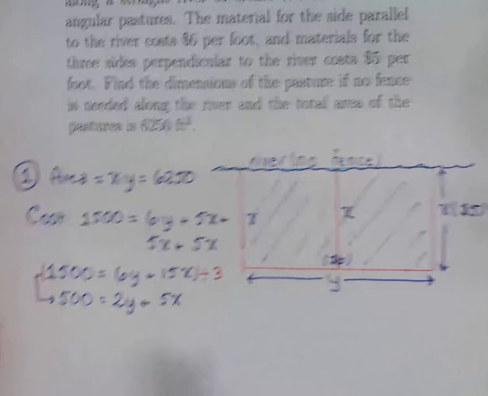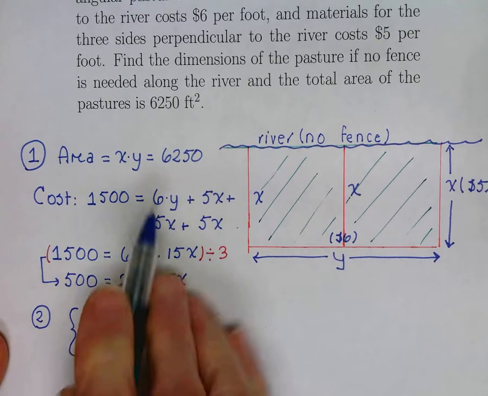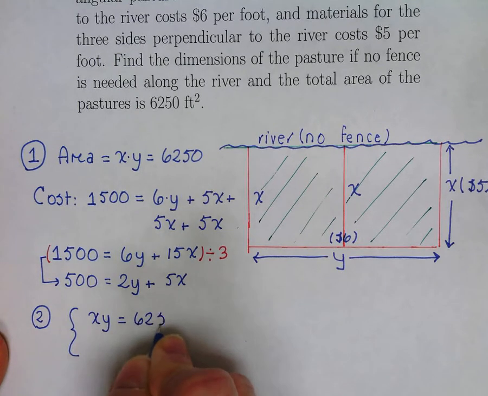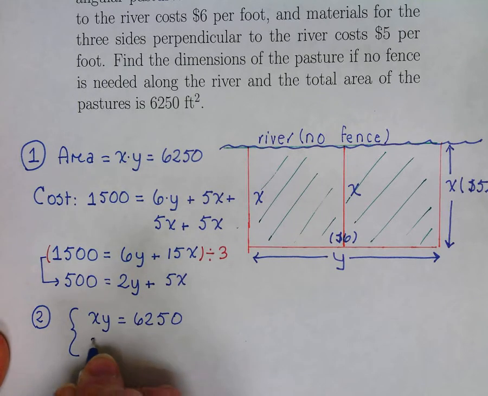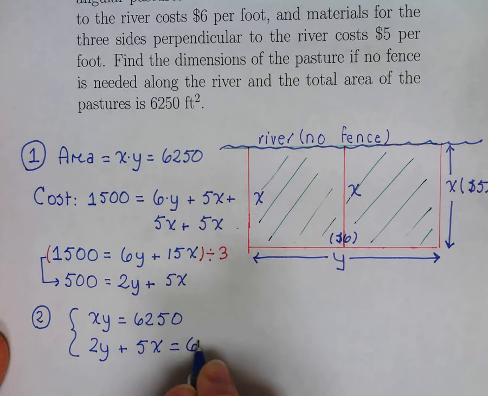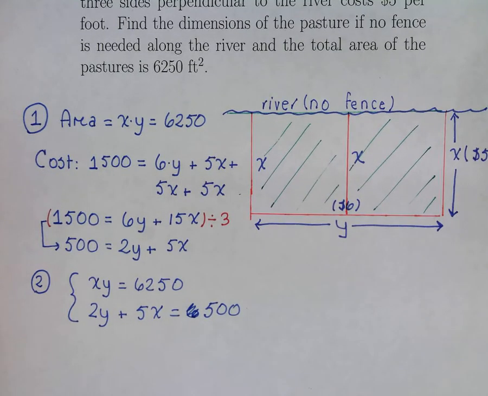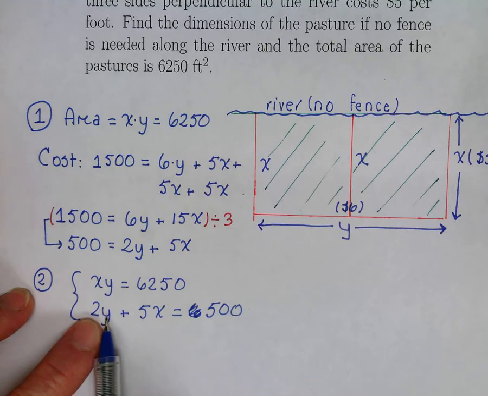Okay, so now I have my system. One equation comes from the area. The other equation comes from the cost. Sorry, $500. And how do I solve that? I'm going to use substitution. This time I'm going to solve for y because I only have to double that.